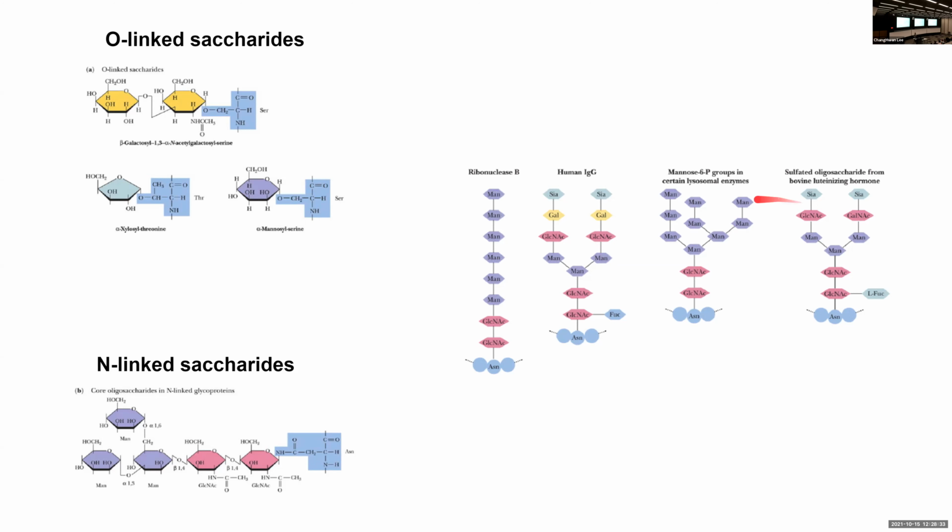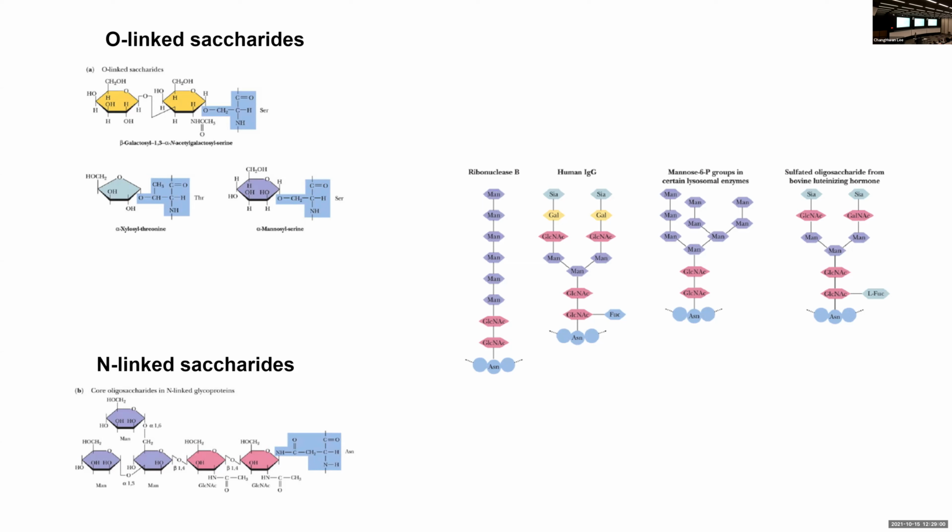And these are all different kinds of lysosomal enzymes and different examples. Well, I'm not going to ask how many mannose or how many GlcNAc you have in ribonuclease B. But at least you should understand there are different types of sugar decoration. I keep saying decoration, but it's actually glycoproteins, right?